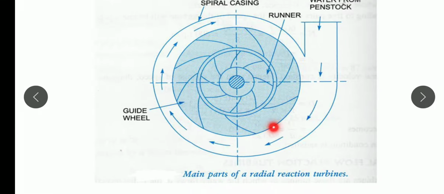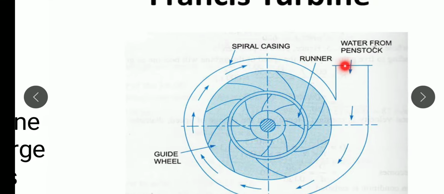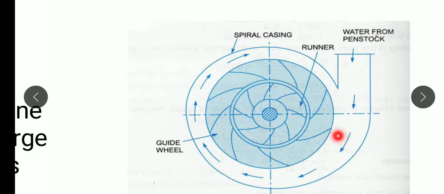The water from the spiral casing comes like this and goes onto the guide wheel, then it goes to the runner, so that the runner rotates continuously. Shaft power is produced at the end of the runner. This guide wheel will support the runner and guide the water to flow onto the runner.